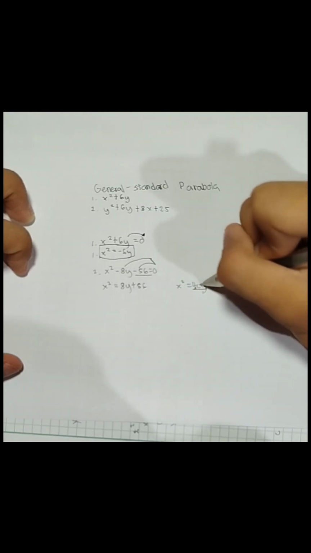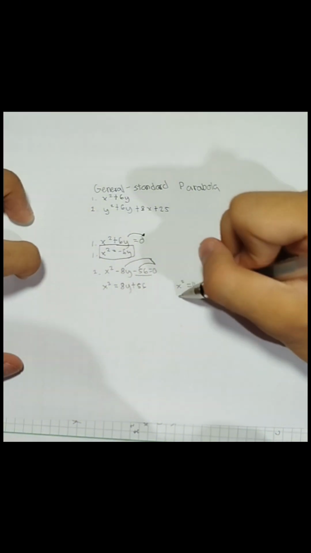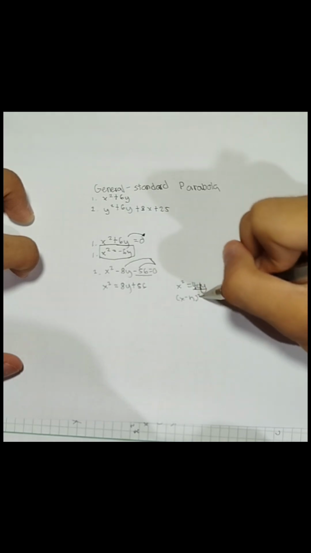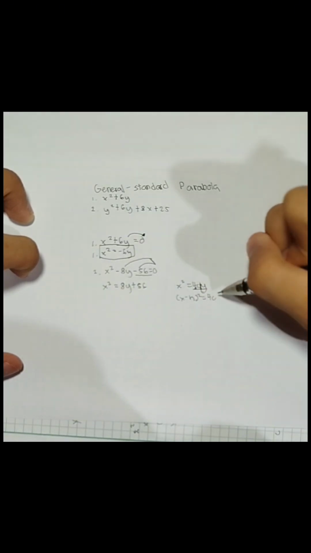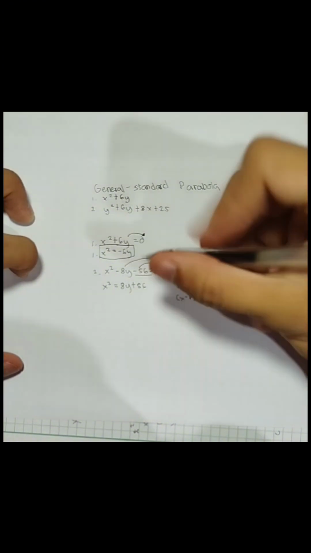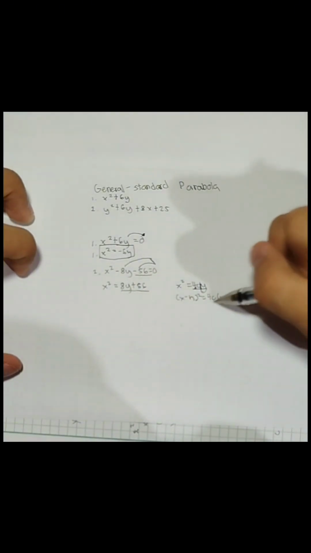That means they are not apart. Or (x minus 8) squared is equals to 4c(y minus 3) squared, like this. So we must turn this into this.